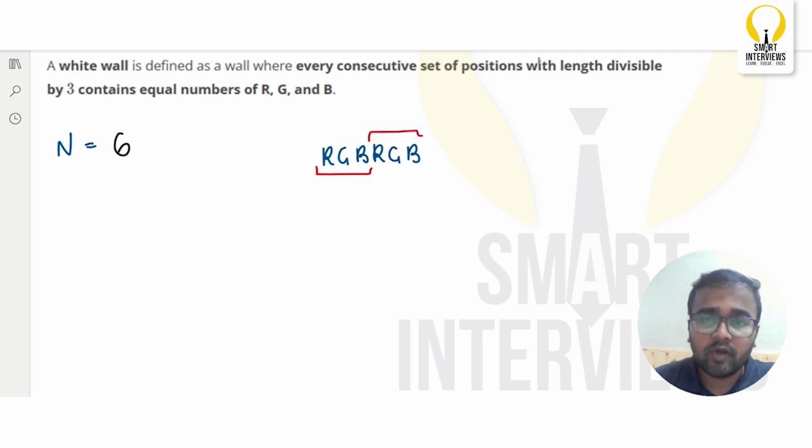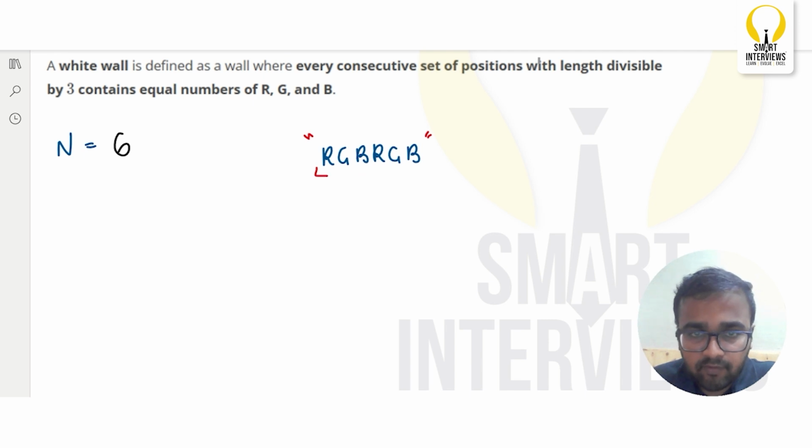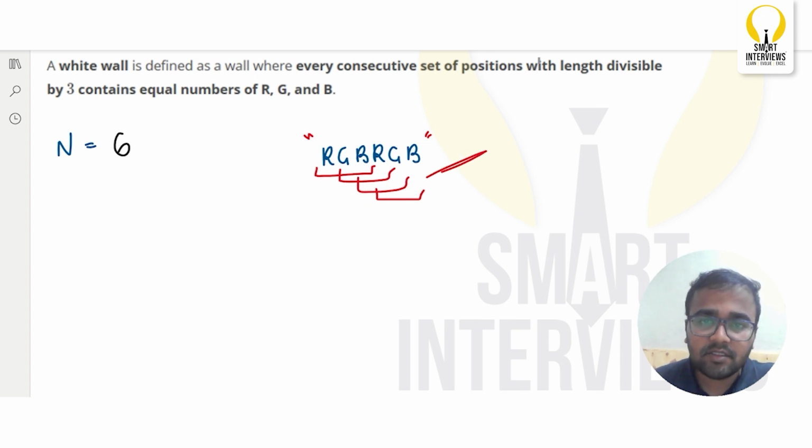Only such strings are going to contribute white walls. So this is our string, right? How many substrings of size divisible by 3? This is a substring, this is a substring, this is a substring, this is a substring. Here the number of R's, G's and B's are the same: B, R, G, then RGB, everything is the same. So this is a substring which is valid.